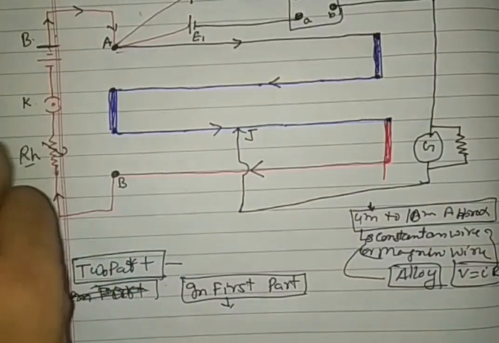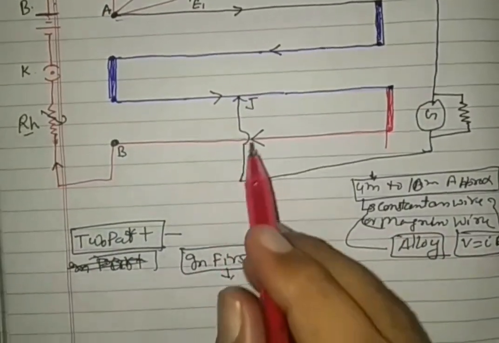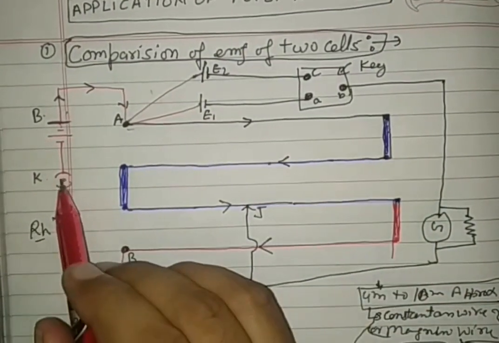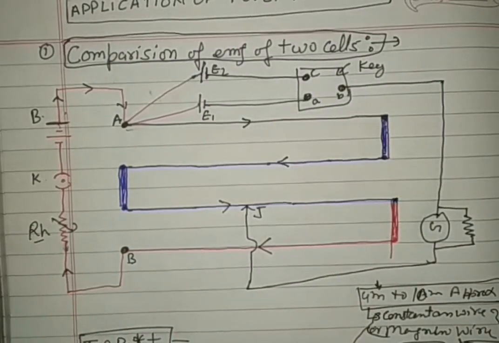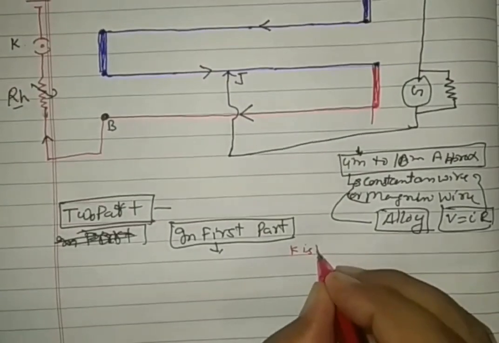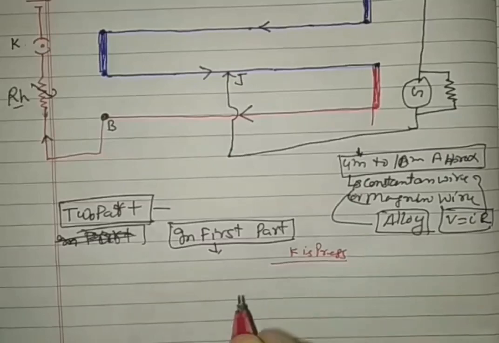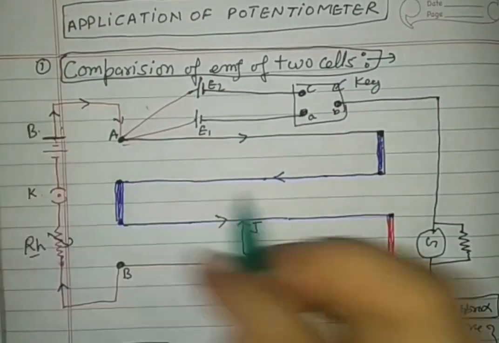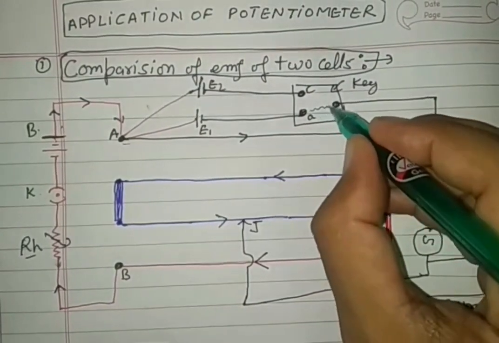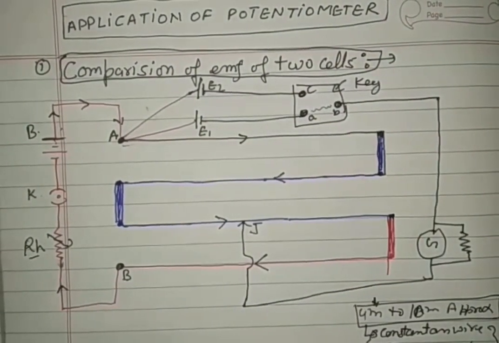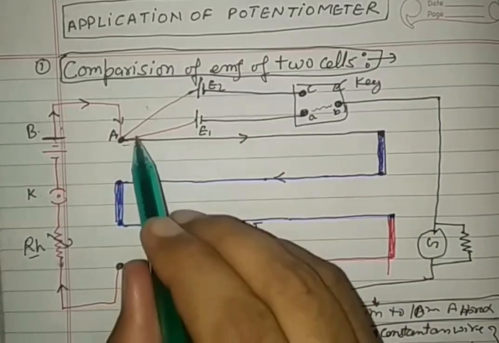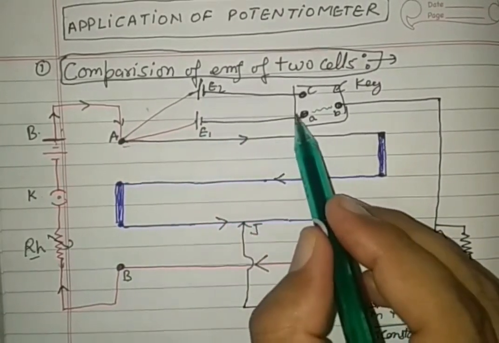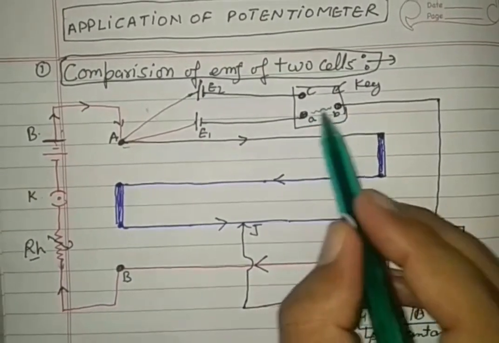Let's see carefully. Focus here in the diagram once more. In the main circuit, the key K is pressed, and AC is connected, AB is connected. If AB is connected, then see my pen here, E1, A B, this is closed.